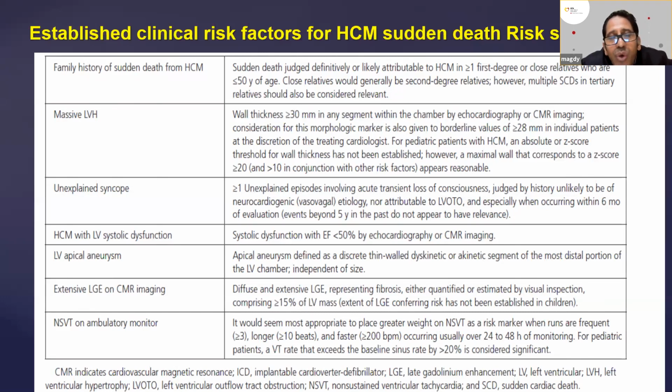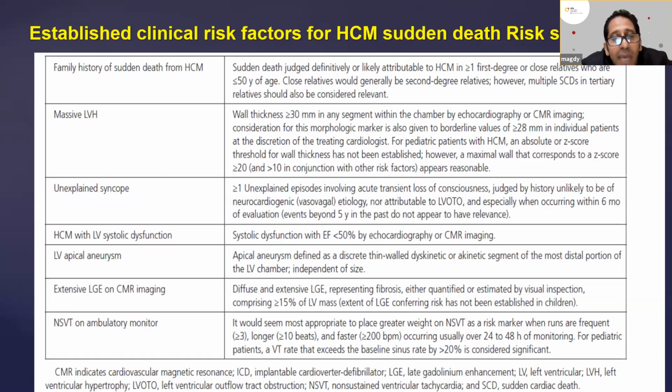Patients who have LV systolic dysfunction with an ejection fraction less than 50% by echo or CMR, and patients who have an LV apical aneurysm, a discrete thin-walled dyskinetic or akinetic segment detected by echo or CMR. Extensive late gadolinium enhancement on CMR imaging, fibrosis, is a very important criterion for high-risk patients, especially if it involves more than 15% of LV mass.